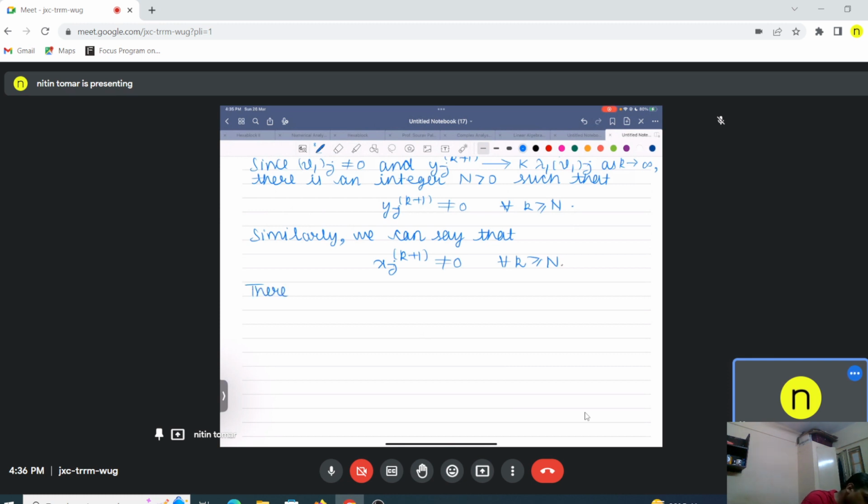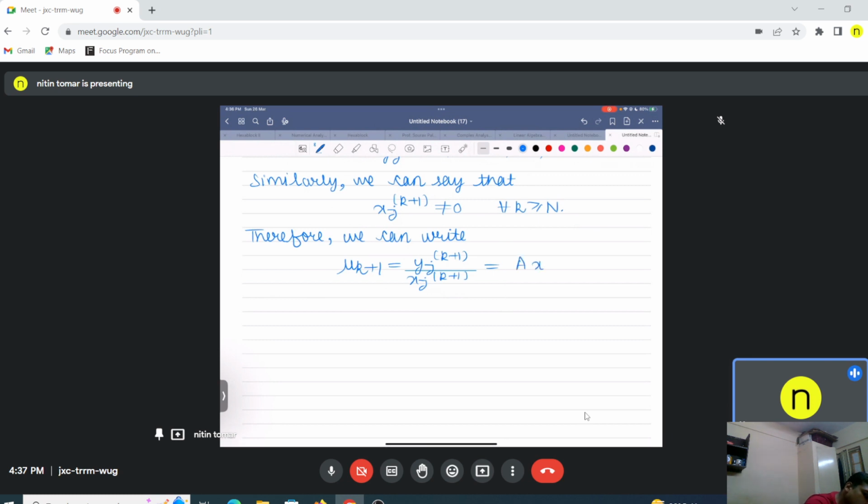So therefore we can write mu k plus 1 as yjk plus 1 upon xjk plus 1, and this is same as saying axkj upon xk plus 1j, where j is the index, where j denotes the component as above.